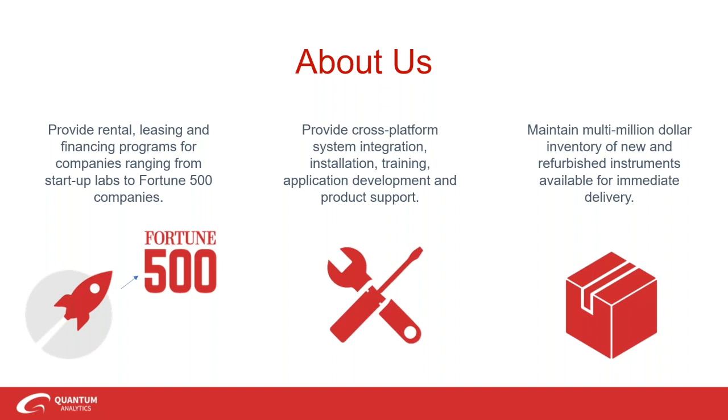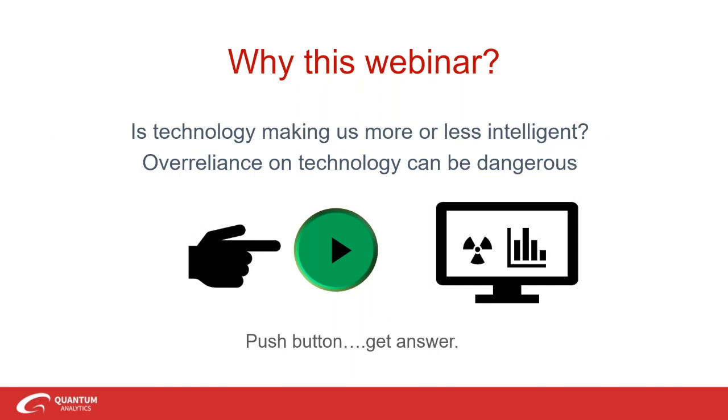So let's dive into our discussion about simplifying XRF. Here's the whole reason for my webinar. This technology has made us able to do a lot more while understanding less about why we're doing what we're doing, and has increased our dependence on others.